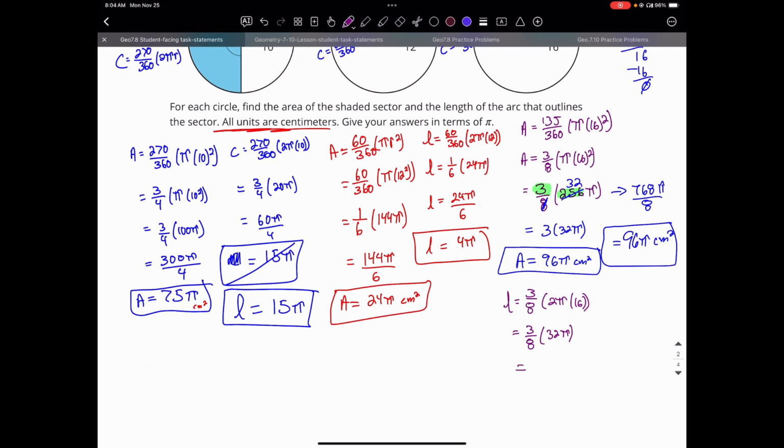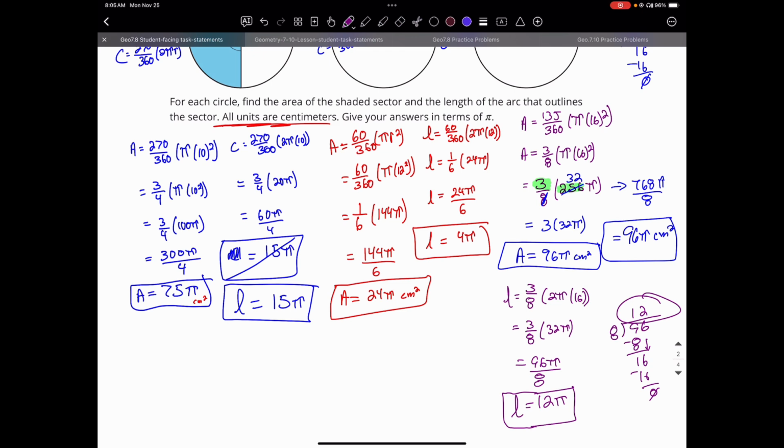I'll just go ahead and multiply it out. 3 times 32 is 96 pi over 8, and then that would simplify to 12 pi, because 8 goes into 96 12 times, right? So the length of that sector is 12 pi.